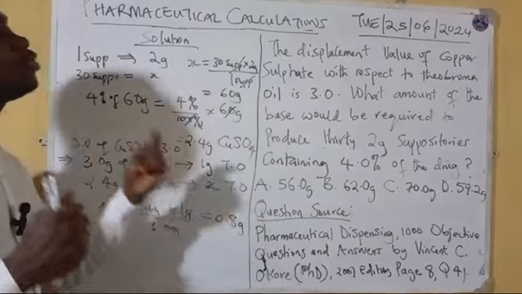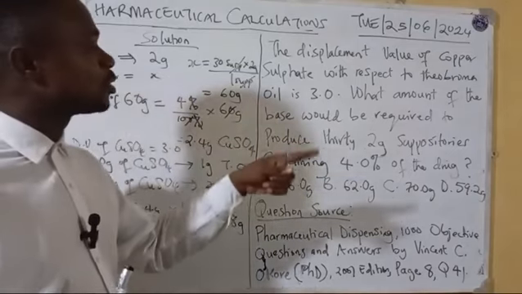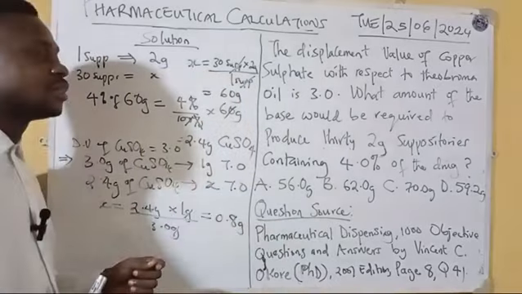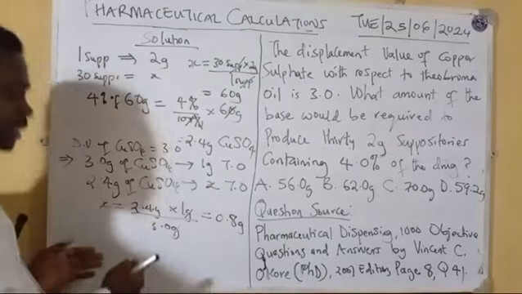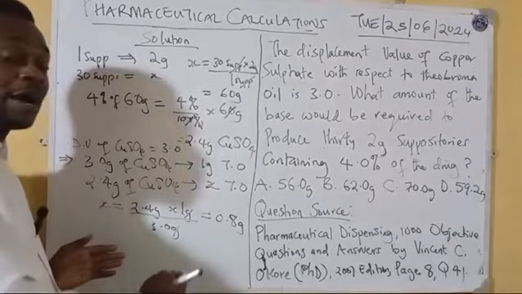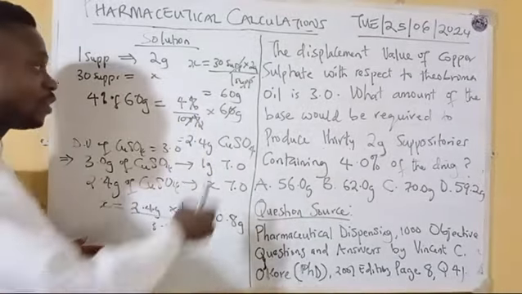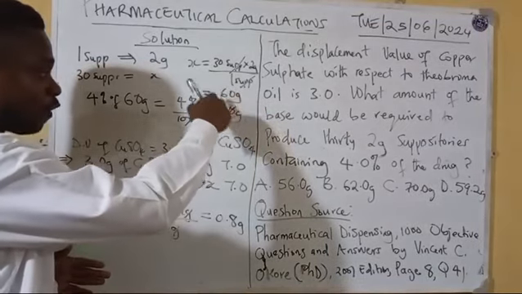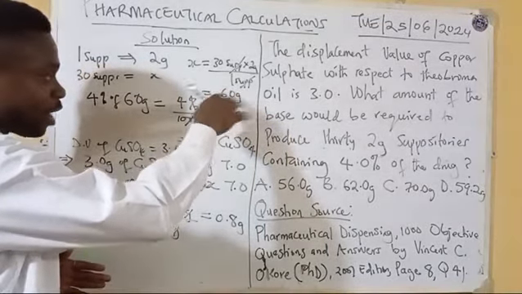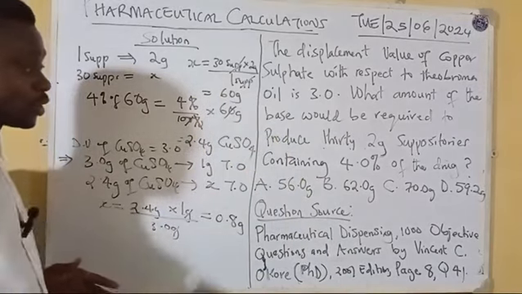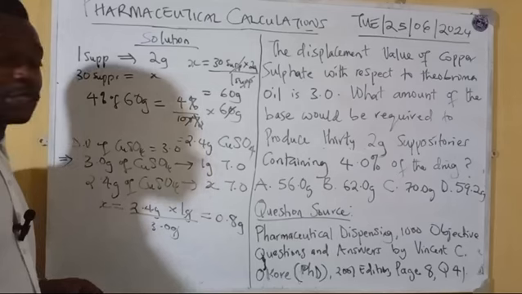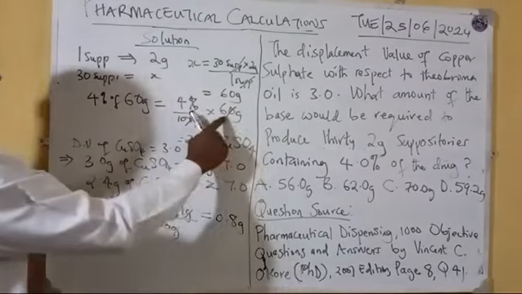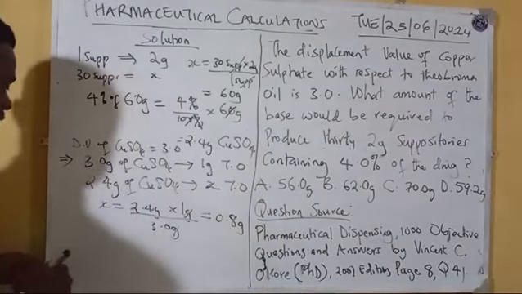Now, if you want to calculate the amount of the base that you need in this preparation, you subtract the amount of the theobroma oil that will be displaced by the copper sulfate from the total amount of the ingredient required for the suppositories. So we simply do 60 gram minus 0.8 gram.